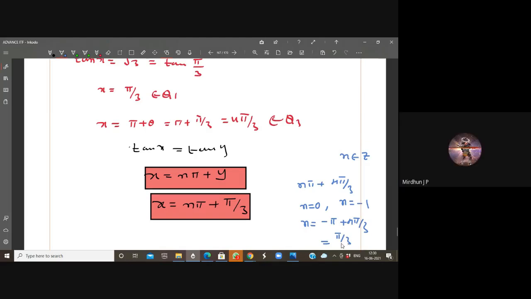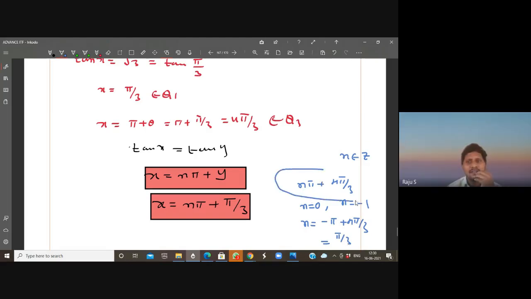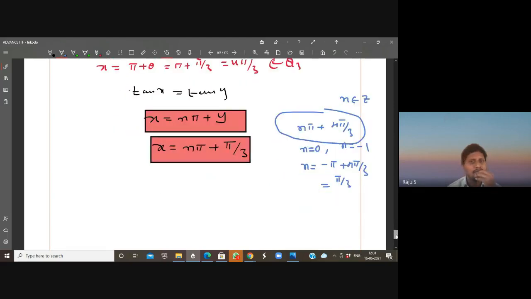Yes, sir. Then is it giving all the solutions? See, I told you clearly you can substitute either pi by 3 or 4 pi by 3 and it will give the solutions. Surely it will give, but my suggestion is to use the least value. So this is the general solution.